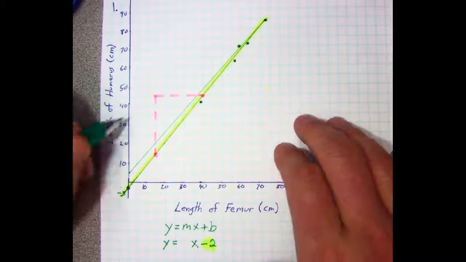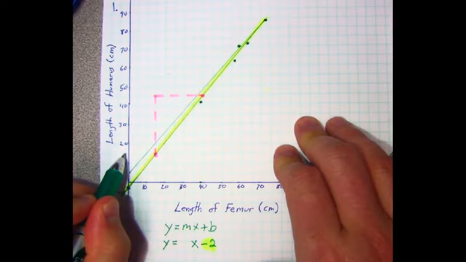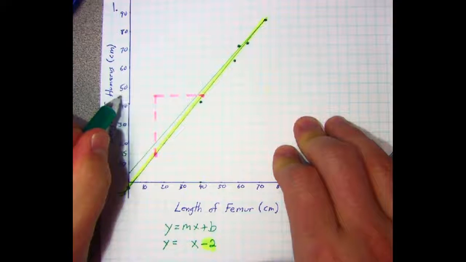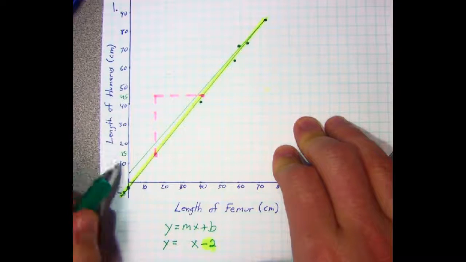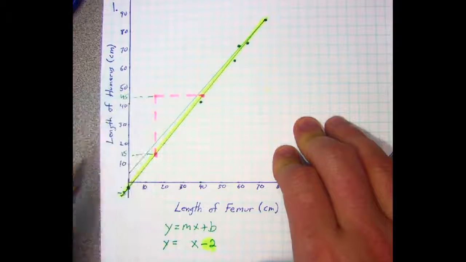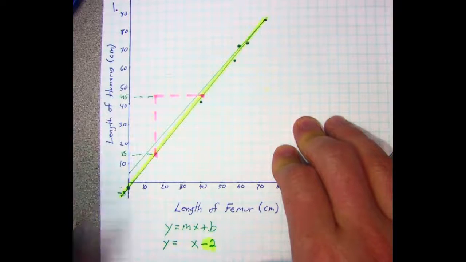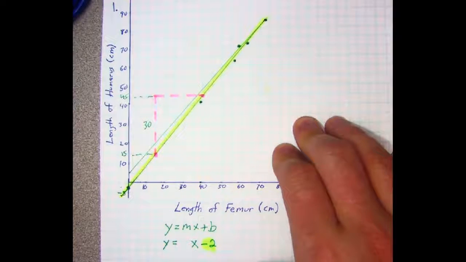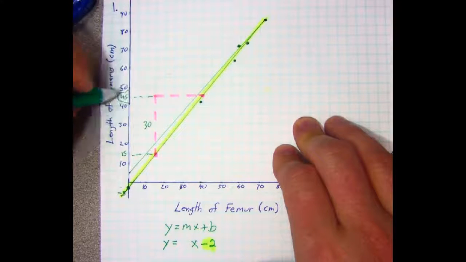And so here we have, let's see here, the starting point here is 15, and it's going up to 45. So how far is it from 15 to 45? For me, you subtract them, right? 45 minus 15 is 30. Again, yours will be different. Just subtract the two numbers.